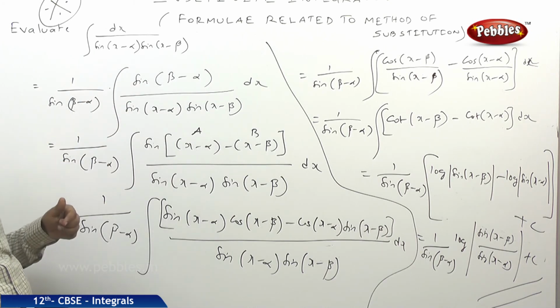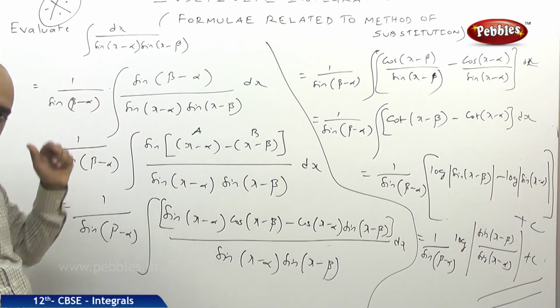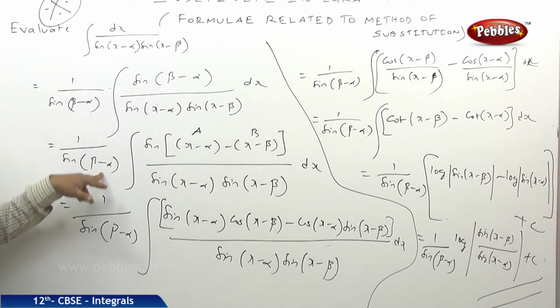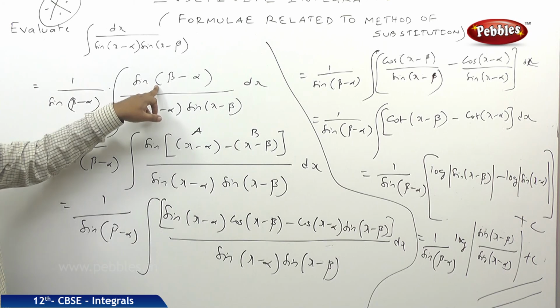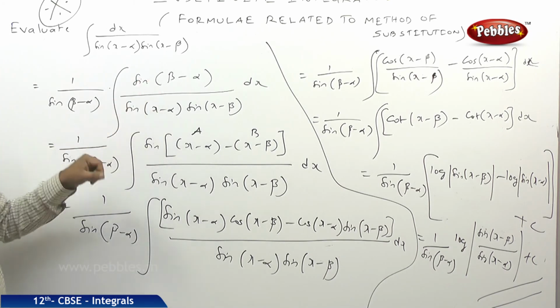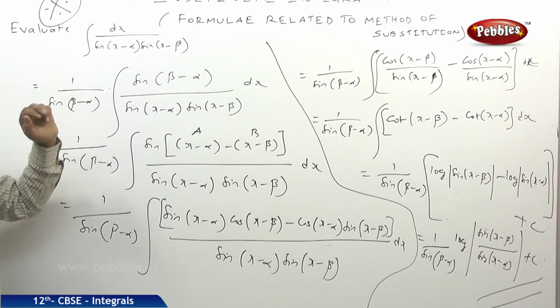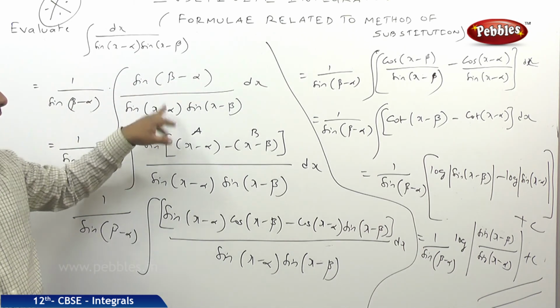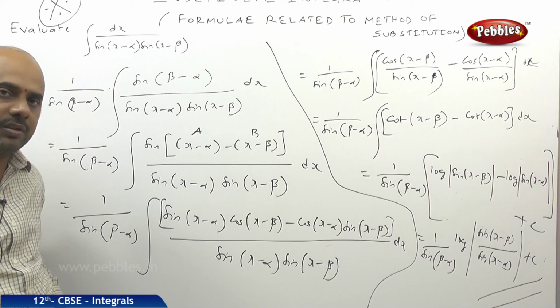Whatever the difference is, the sine of that difference should be multiplied to the numerator as well as the denominator. So 1 by sine of (beta minus alpha) into sine of (beta minus alpha), because the difference we are getting is beta minus alpha. So later, 1 by sine of (beta minus alpha) into the integral of sine of (beta minus alpha) over sine of (x minus alpha) sine of (x minus beta).